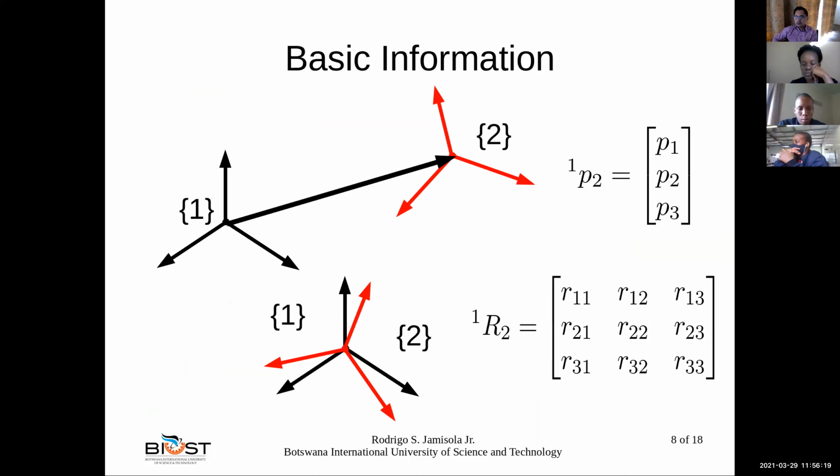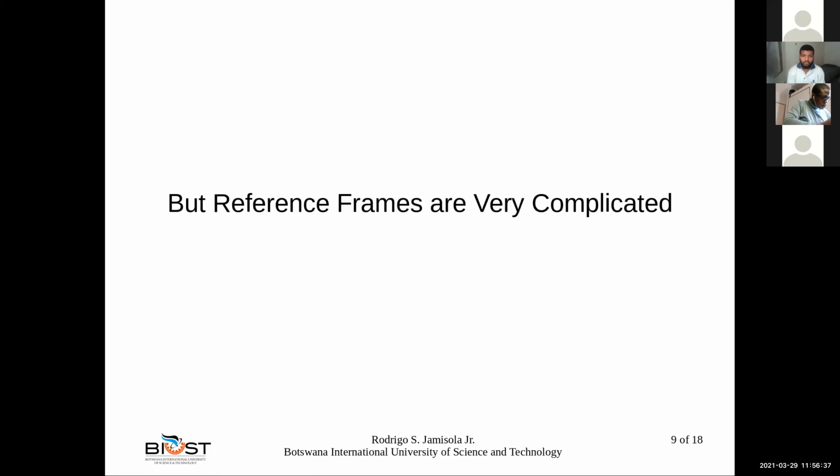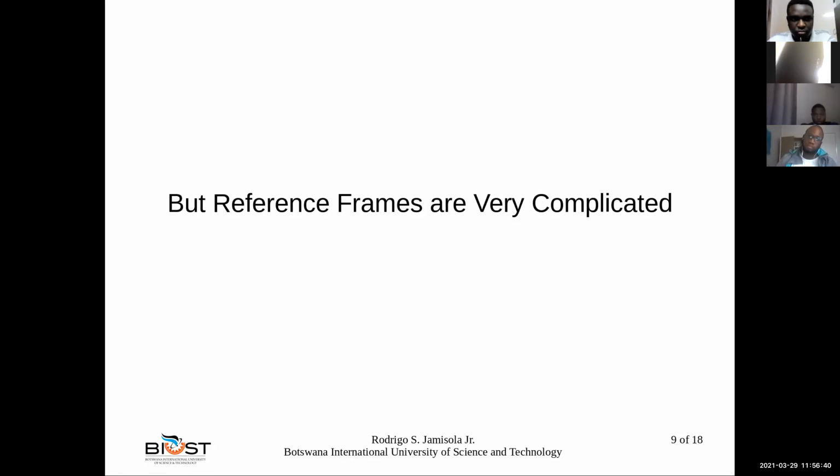Okay. Now let's continue. But reference frames are very complicated. You don't want to go there first. What I want you to understand is, the main problem here is we want to control the hand movement of the robot with respect to the base frame.